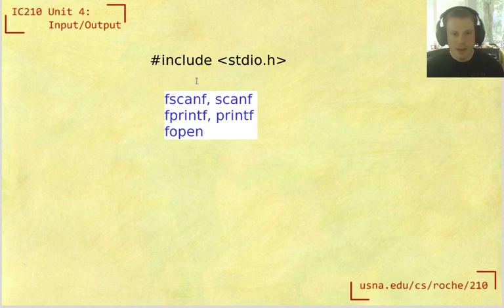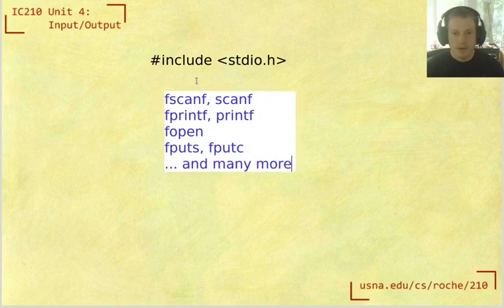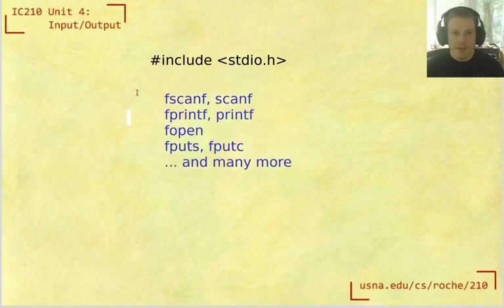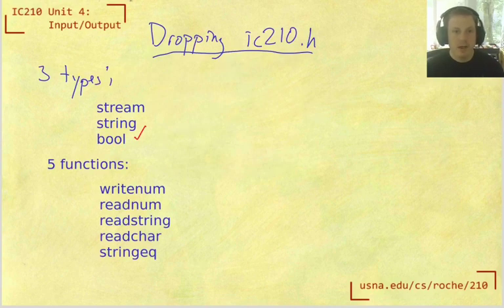And actually fputs and fputc are also in there, as well as many more that you can look up in the standard documentation that's linked from the website. But mostly we'll be using these things, scanf, printf, and fopen. And because of that, we don't need to use those other things like readchar and those other ones. So now we have... Oh yeah, there's one more thing I should mention about that.